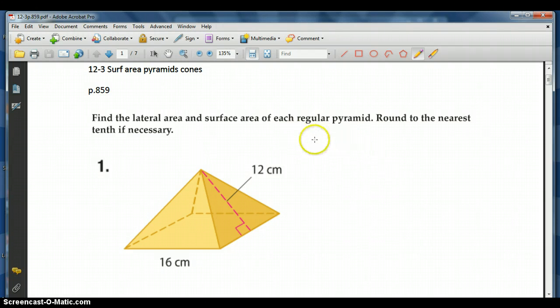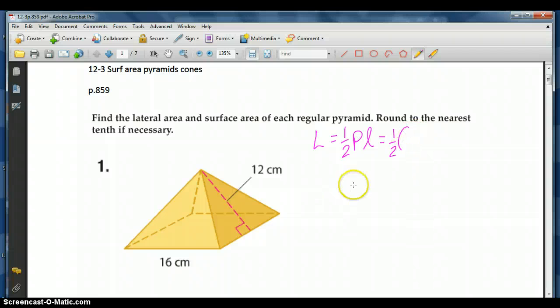For number 1, the lateral area of a pyramid is half of the perimeter of the base times the slant height. So we want half of the perimeter. Since we're told that it is a regular pyramid, we can assume that this is a square.